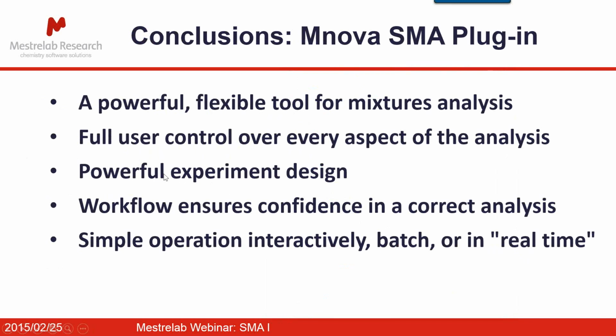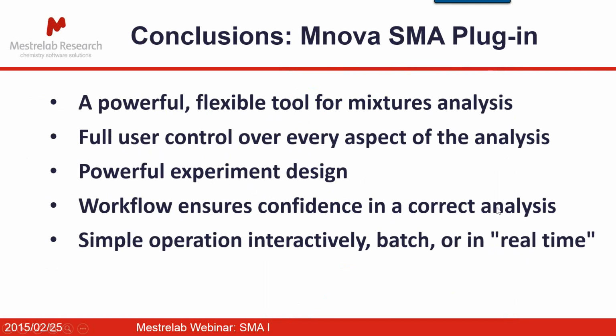There's a powerful experimental design concept that's made available to you. This is this workflow that I spoke about and showed you that ensures confidence in the correct analysis. So once you put the numbers down and you publish your report, the hope is that because you've gone through and done a little bit of triage of the data in areas where the software is telling you there's maybe something wrong, this should give you confidence that you're reporting the correct values here.